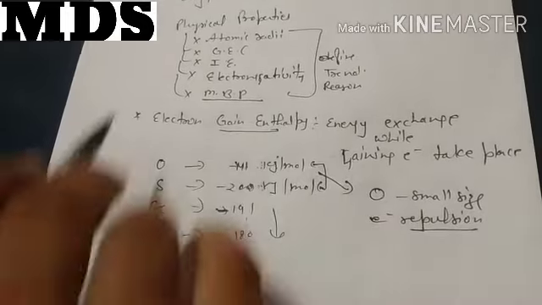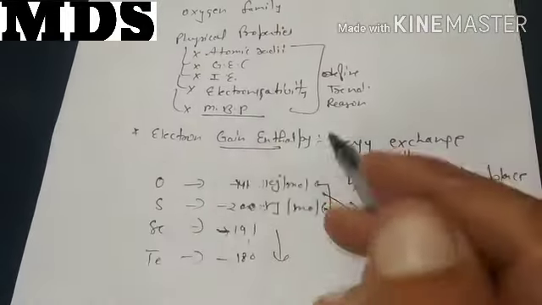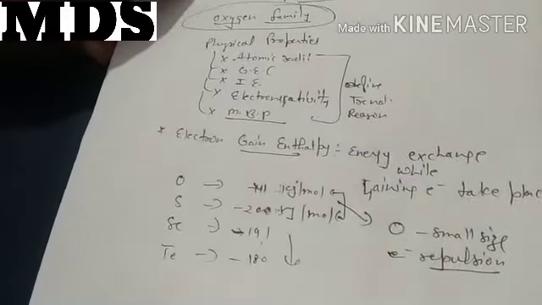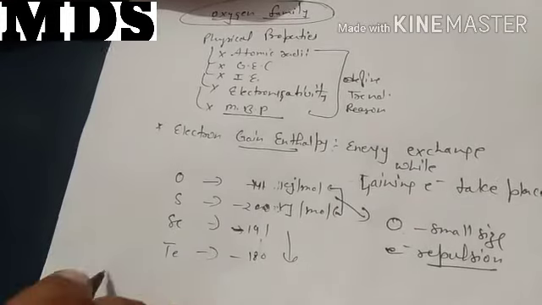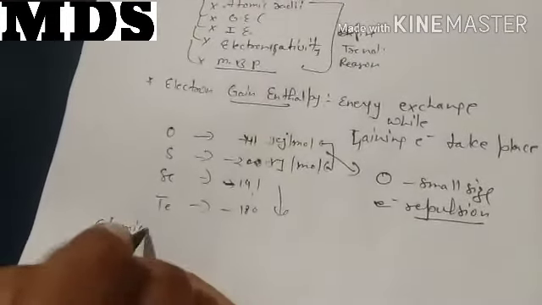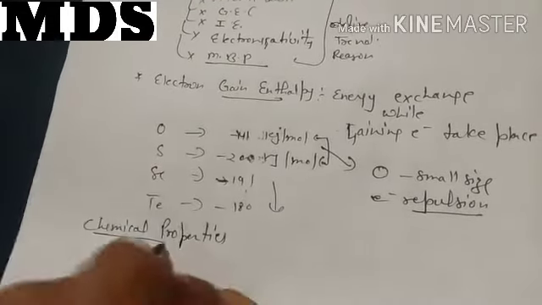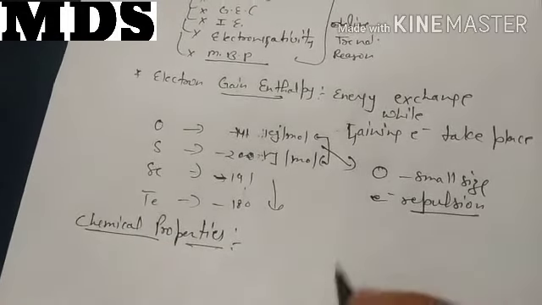So these are the four or five physical properties regarding the oxygen family. We have completed the physical properties today. Now let's move to chemical properties. You know very well, in chemical properties, four are the basic chemical properties we always discuss.